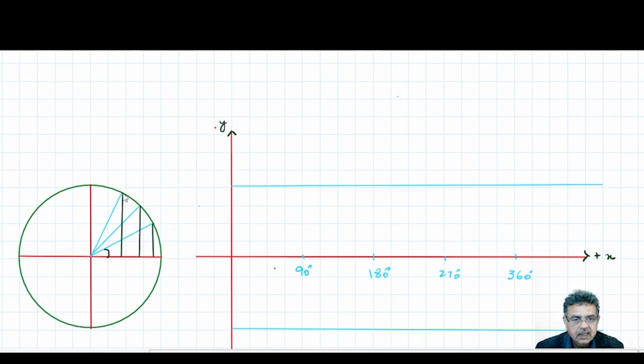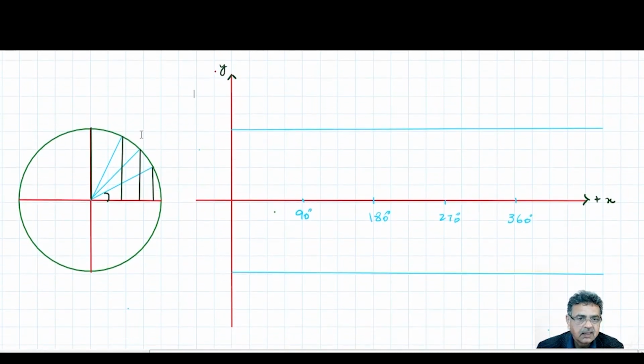So as the angle becomes 90 degrees, then the size of opposite is here. Let me draw a line overlapping this. Now this red line here is radius, and this green line overlapping that red line, that is opposite.